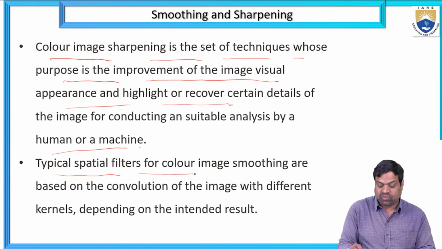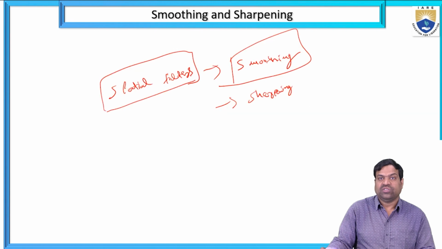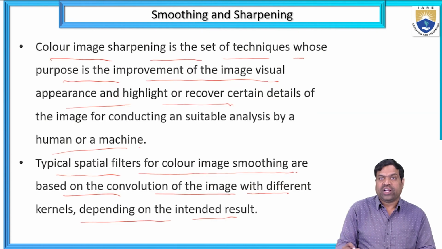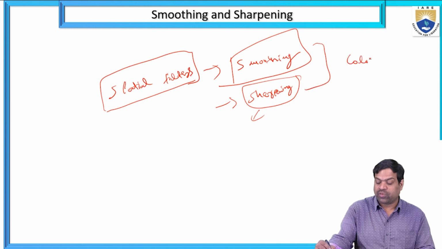But typical spatial filters for color image smoothing are based on the convolution with different kernels depending on the intended result. So mostly spatial filters are used for smoothing, and sharpening is done with transformation functions. Okay, so these are very helpful for color image processing.